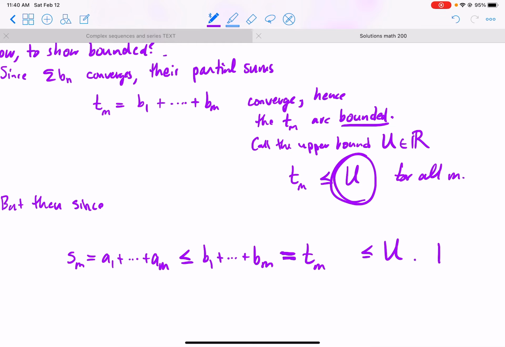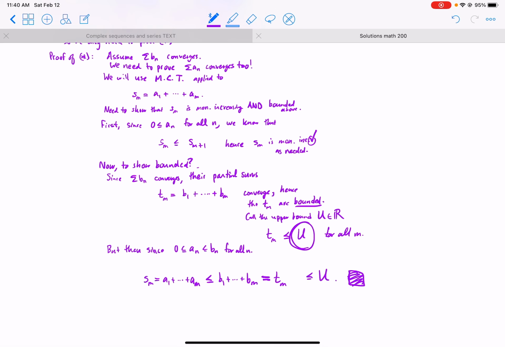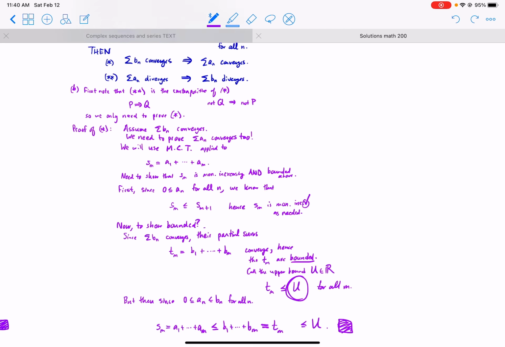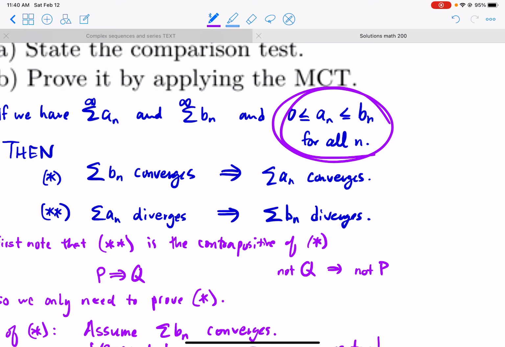And we're done. Now, this equal sign is the definition of t_m. This equal sign is the definition of s_m. We need to justify this less than or equal to sign. And that is our last assumption, that all the b_n's were bigger than the a_n's, and that's why it's true. Okay, and we're done.